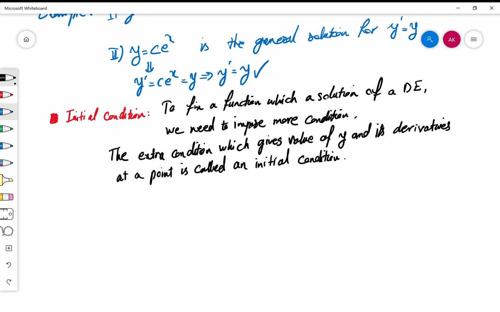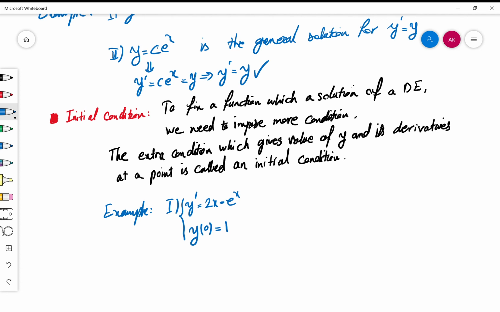For example, the first differential equation that we had was y prime equals 2x minus e to the power x. Now we can set an initial condition there that y at 0 we want to be 1.